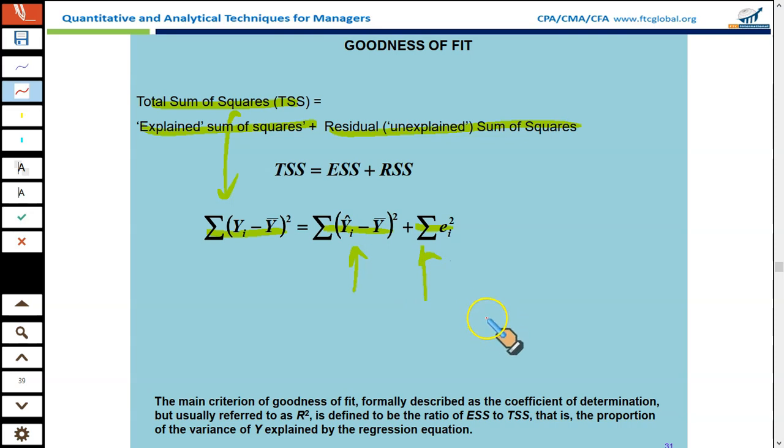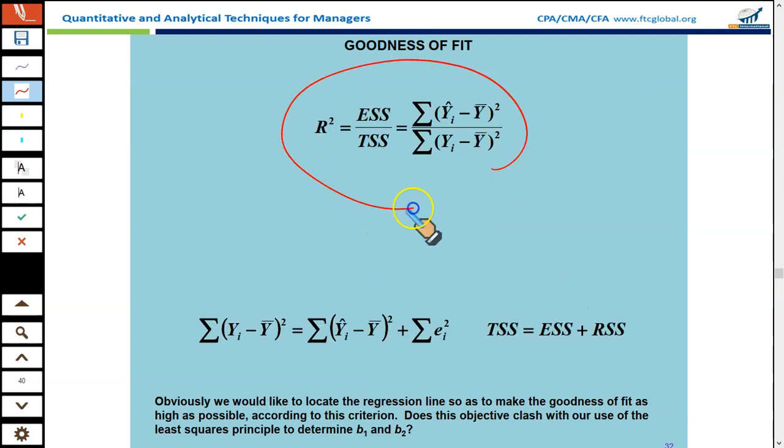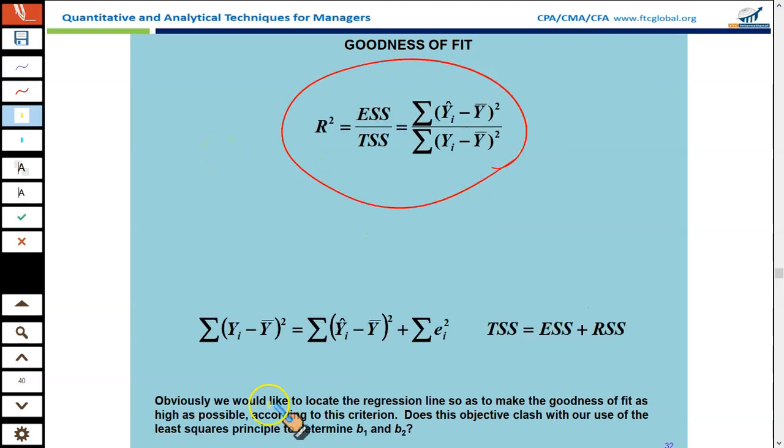So here we have R square, which is the coefficient of determination, the criterion to assess the goodness of fit. It is defined by the ratio of ESS to TSS. Let me show you the next slide. Obviously, we would like to locate the regression line so as to make the goodness of fit as high as possible according to this criterion.